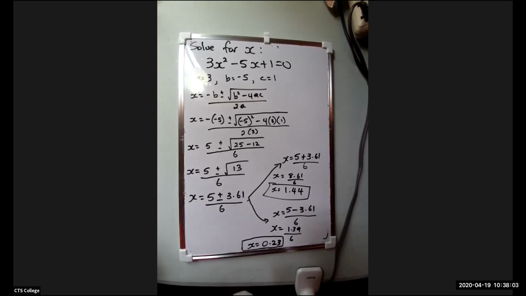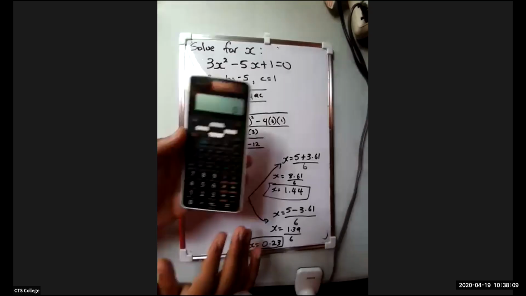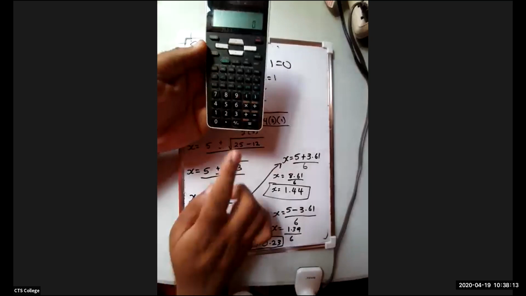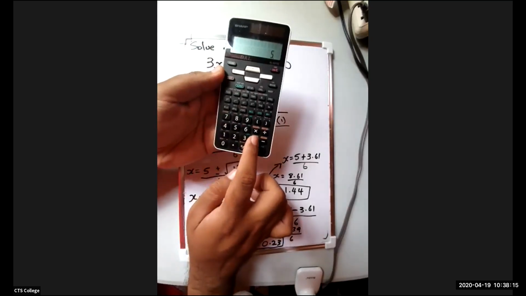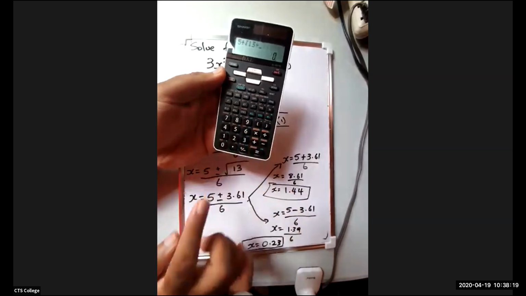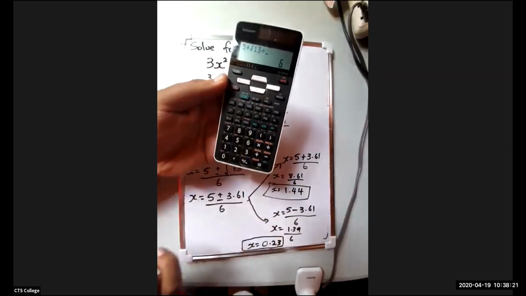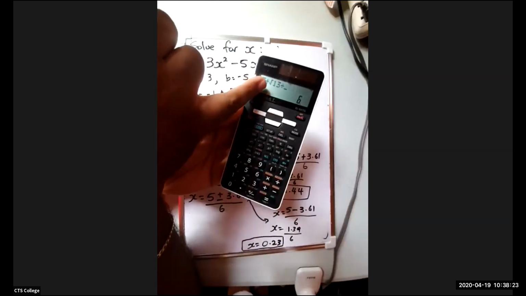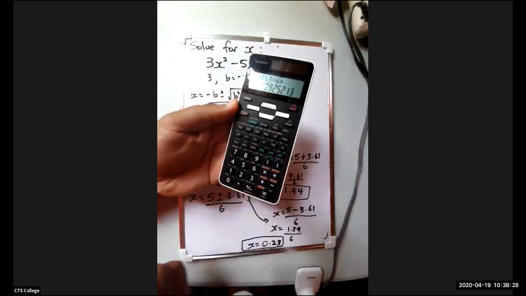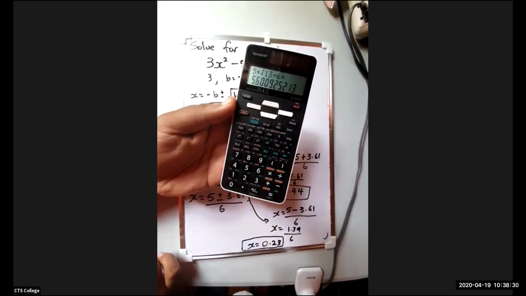Let me show you what you did. You input 5 plus the square root of 13 divided by 6. Your calculator takes the square root of 13 divided by 6 and then adds 5 to it, so you would have gotten 5.6009.